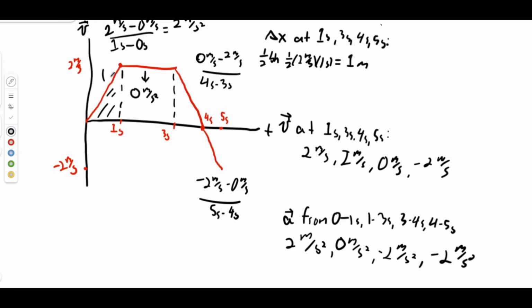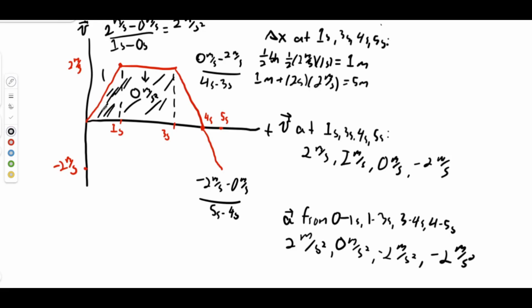So it's going to be this 1 meter displacement plus this rectangle here, which is a square actually, with side length of 2. So 1 meter plus 2 seconds times 2 meters per second. That's going to be 1 meter plus 4 meters, which is 5 meters.